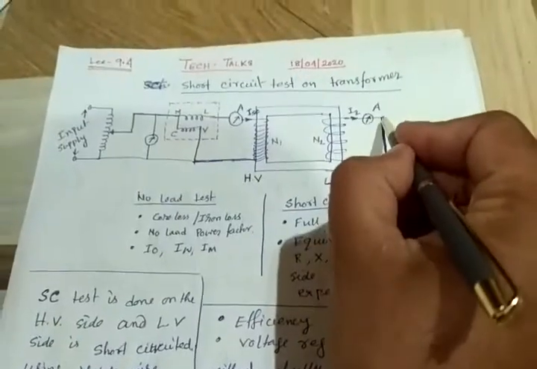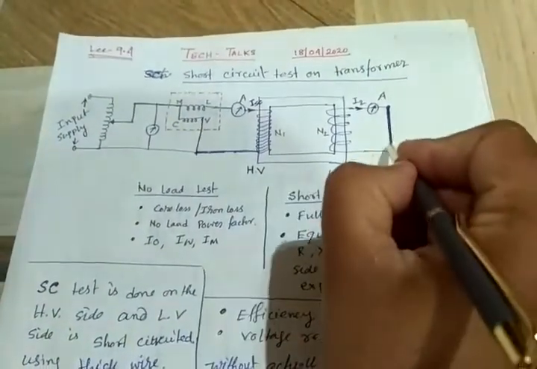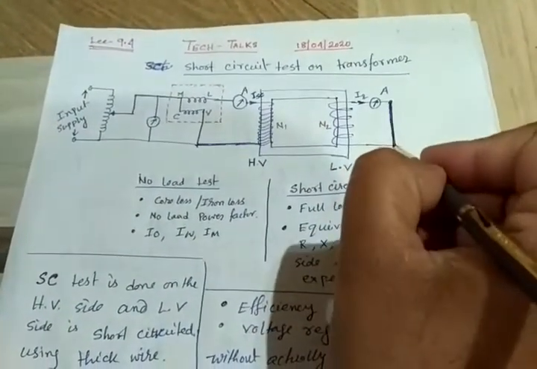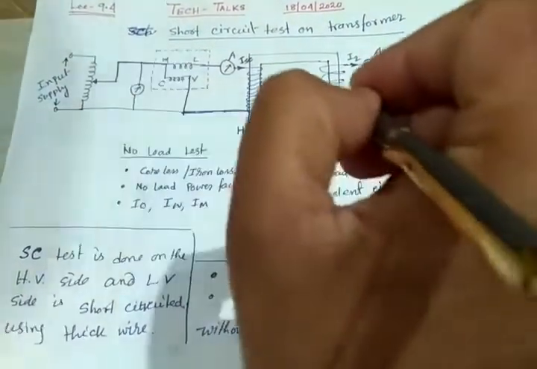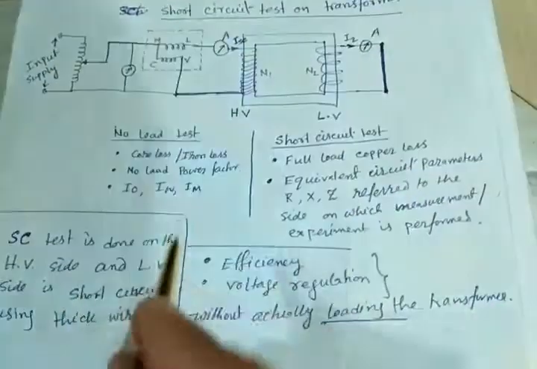Here we have shown that the low voltage side is short circuited using very thick copper wire, which will allow a high amount of current to flow.